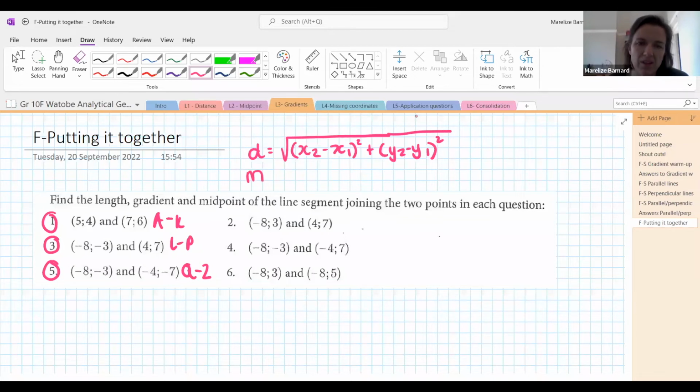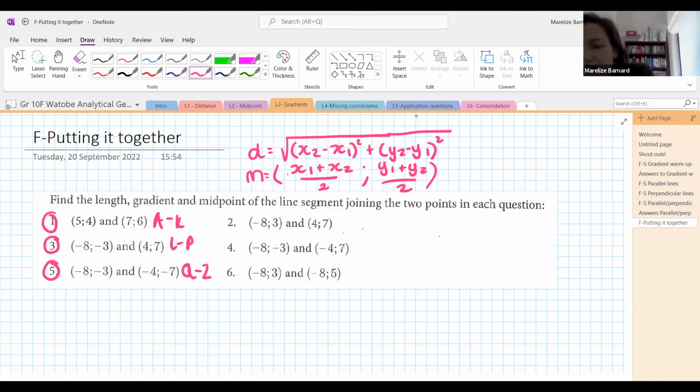Let me put it up just in case: x1 plus x2 divided by 2, and y1 plus y2 divided by 2. And then the gradient we just did. Okay, off we go. Let's do another 3 minutes or so for this question, and then we'll check in at about 17:41 for your answers.